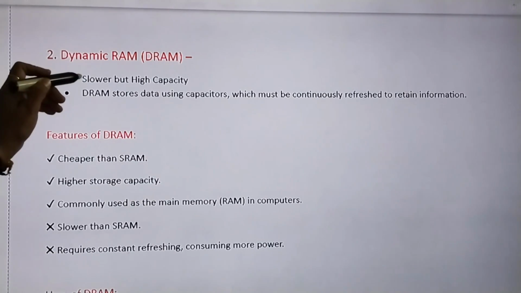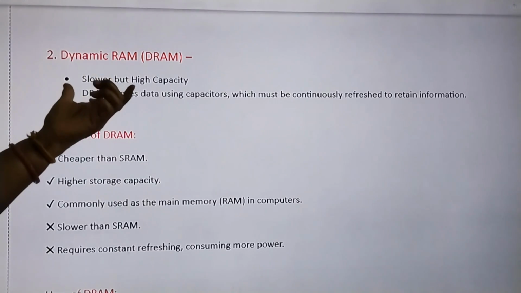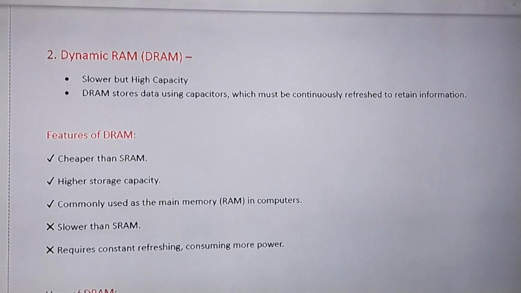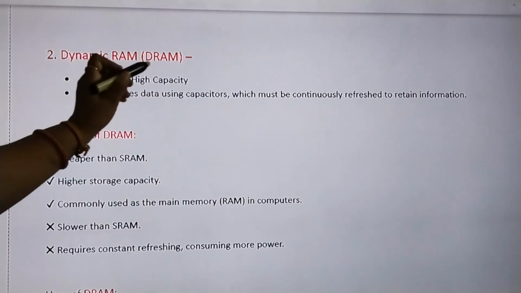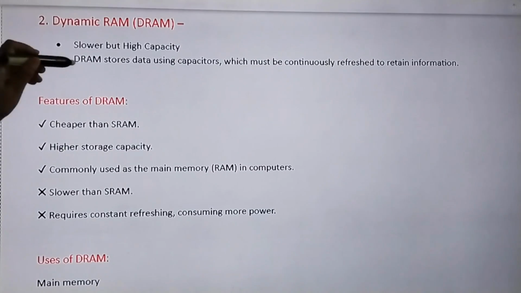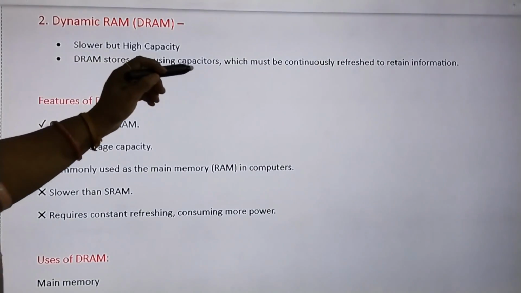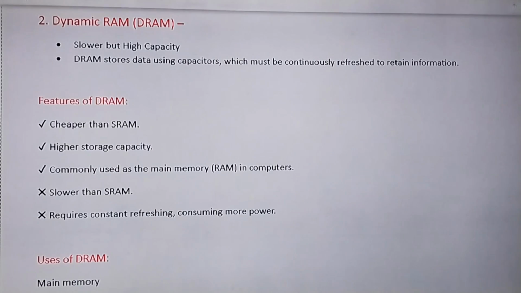It is slower but high capacity. If you need memory in a much larger quantity, then you will go for dynamic RAM. Dynamic RAM stores data using capacitors, which need continuous refreshing to retain the information.